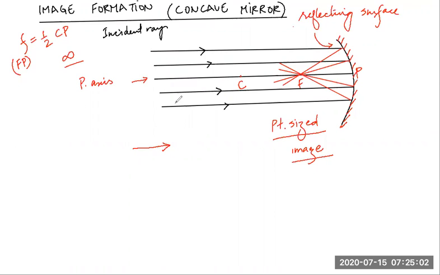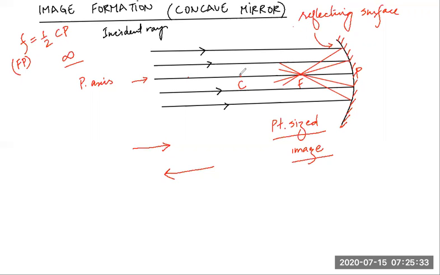We will keep moving the object close to the concave mirror, and you will observe as you move the object in the right direction towards the concave mirror, your image in case of concave mirror is getting shifted to the left side. You'll see that. Now, the second position is we will place the object somewhere here. Anywhere.